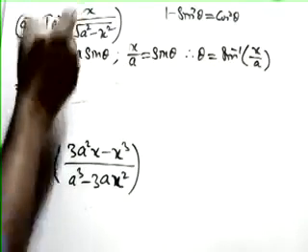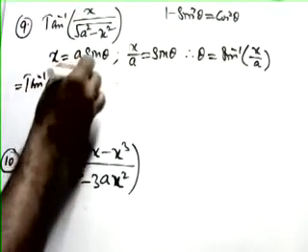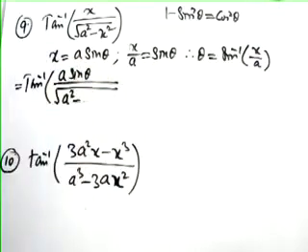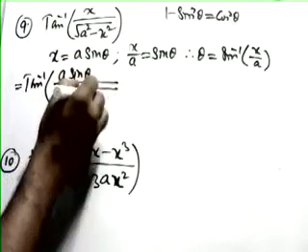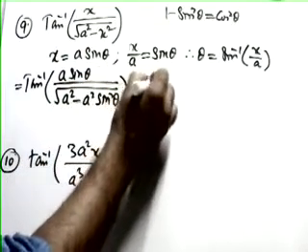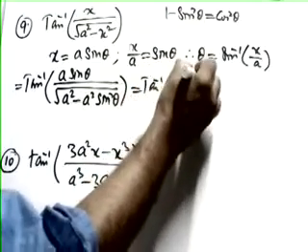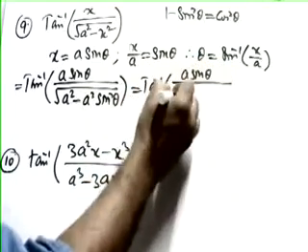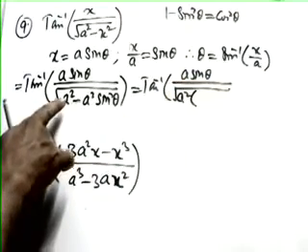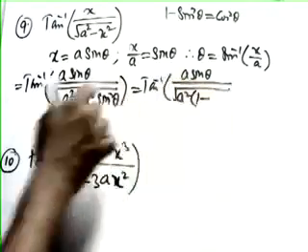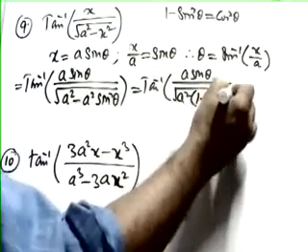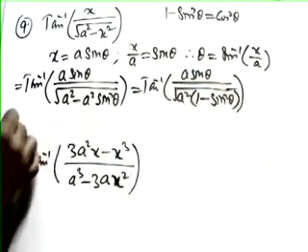Now substitute this one. Tan inverse of x, which is a sine theta, divided by under root of a square minus x square. The square of x is a square sine square theta. Now you take a square common in the denominator: a sine theta divided by under root of a square, and if you take common a square, what is left here is 1 minus sine square theta.